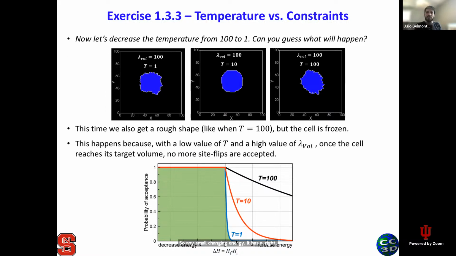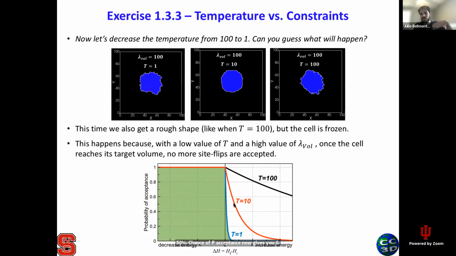Once it hits the target volume, it's not that the energy change decreases; it's the ratio between how much energy is associated with a spin flip and the temperature. Because the temperature is very low, that ratio is very big, and that causes your Boltzmann acceptance probability to collapse right here. So an energy change that before would give you more or less a 50% chance of being accepted now gives you 0.